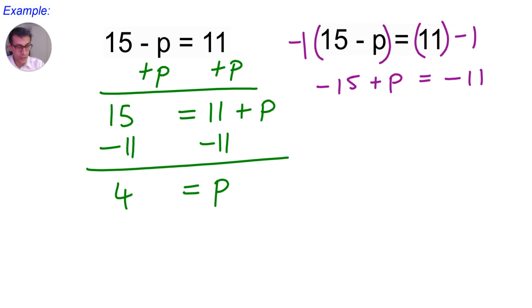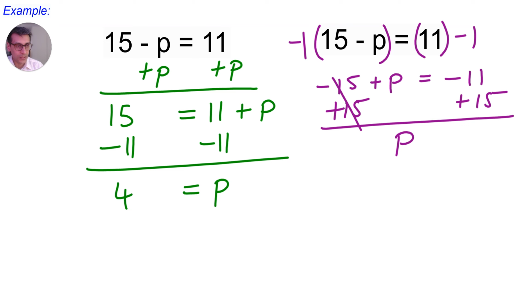Now, the reason that's useful is we've now got p to be positive here. Now, the next step is I'm going to isolate p by adding 15 to both sides. So this becomes a 0 pair, that cancels out. So p is equal to negative 11 plus 15, which is 4.